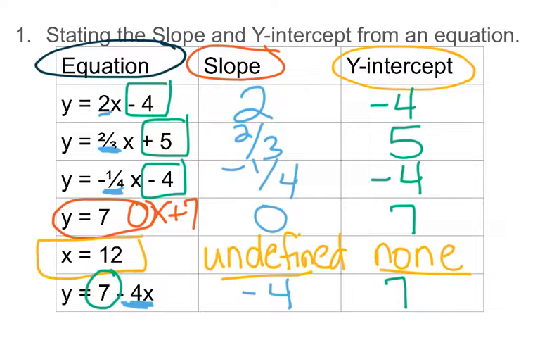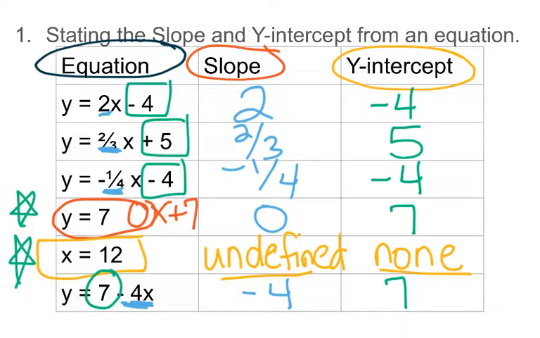So you will have some problems where you'll be asked to state the slope and the y-intercept for an equation. The slope is located in front of the x. The y-intercept is the number without the x. Two special cases right here. One where there is a y, but there is no x, so the slope is 0.